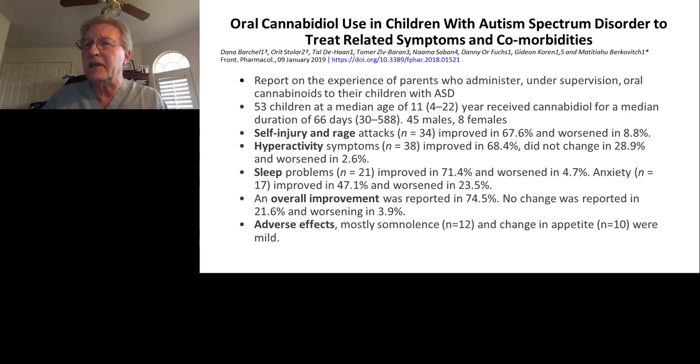And sleep, 71.4% improved, only 4.7% worsened. Overall improvement was reported as 74.5%. This is a really challenging condition, and to see this kind of number in these different comorbid conditions is just profound. Adverse effects were relatively low and mainly were in a change of appetite.